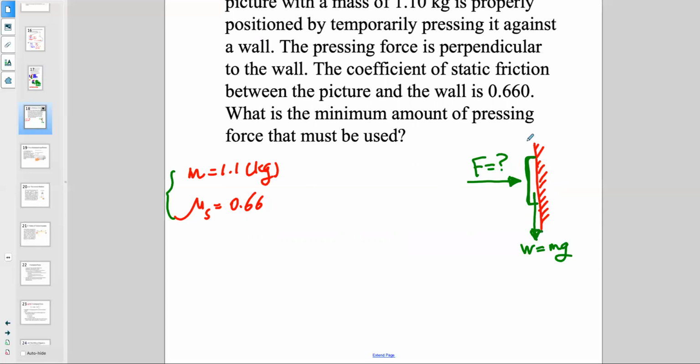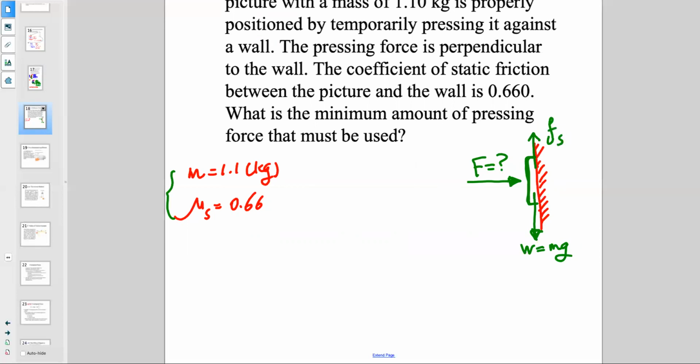If this picture is moving, the only direction that it can move is along the negative y direction. So W is along the direction of the motion if it's moving. That means my force of friction, F of S, is upward.